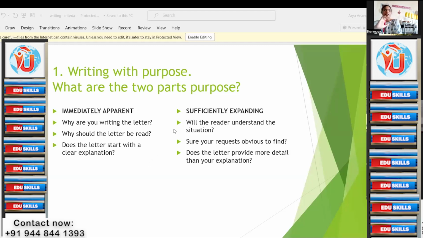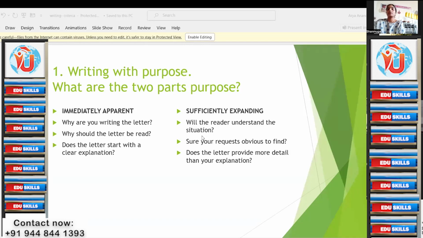And sufficiently expanding. Sufficiently expanding means you are just giving the main reason. For example, the patient is referred for sugar management, I mean blood sugar level management. So for that blood sugar management, what information does the reader need to continue the care?